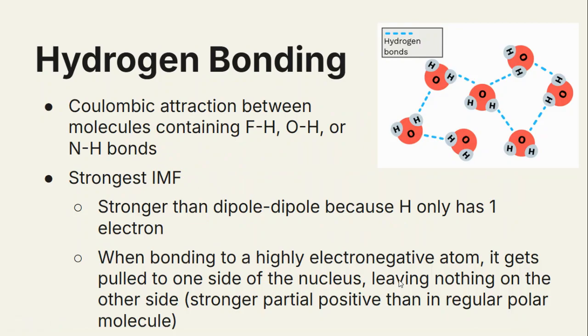The third type of IMF is hydrogen bonding, which we have talked about before. You've learned about it in biology. We've talked about it here in chem. This is actually not a bond, even though it's called hydrogen bonding. It is actually just an intermolecular force.